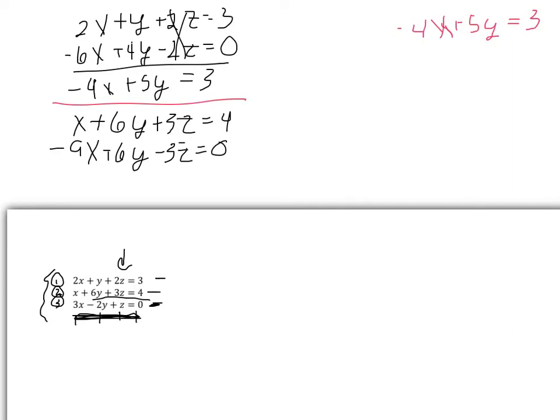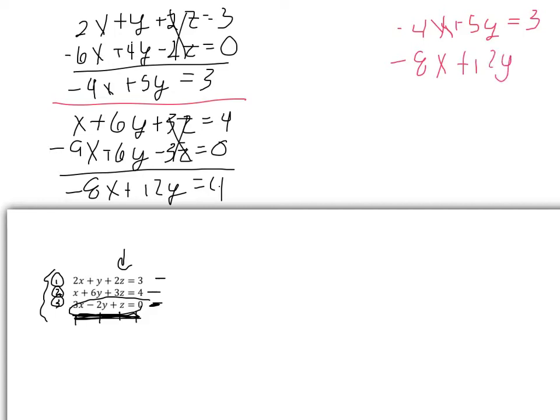So once again, I multiplied everything in there by negative 3 to get rid of these z's. And then we add these up. So we have negative 8x plus 12y. Our z's cancel. That equals 4. So I'll put that over in the repository. Negative 8x plus 12y equals 4.